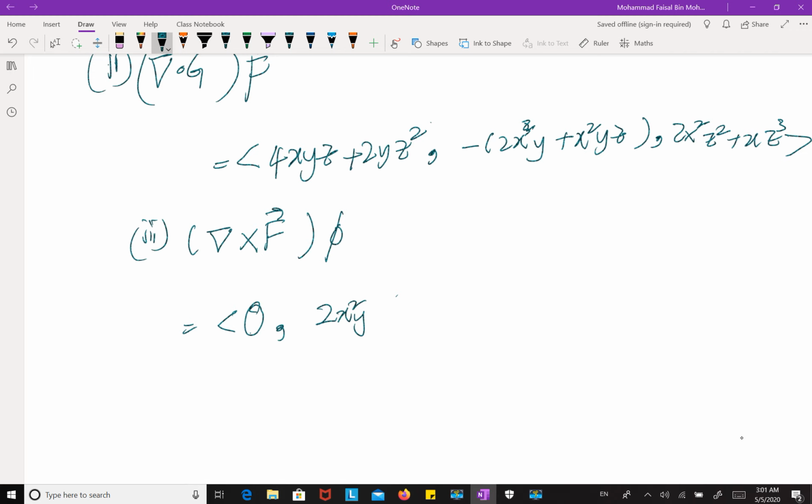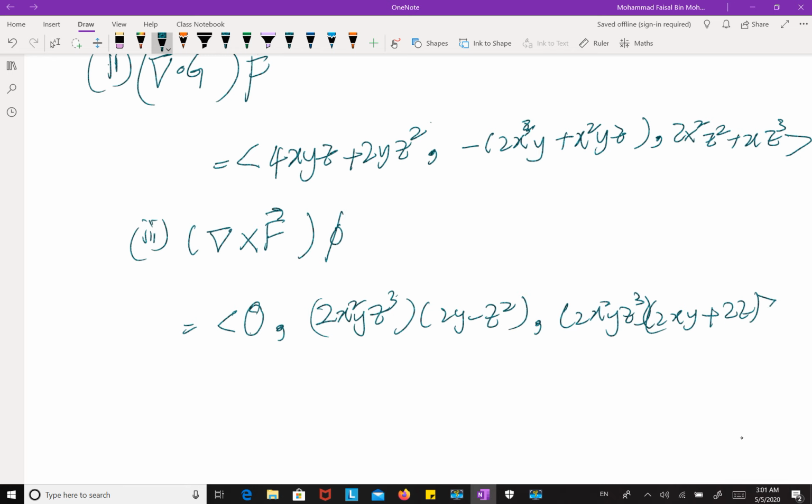Then 2x squared yz cubed times 2y minus z squared, and then the last component will be 2x squared yz cubed times 2xy plus 2z. Okay, k component.